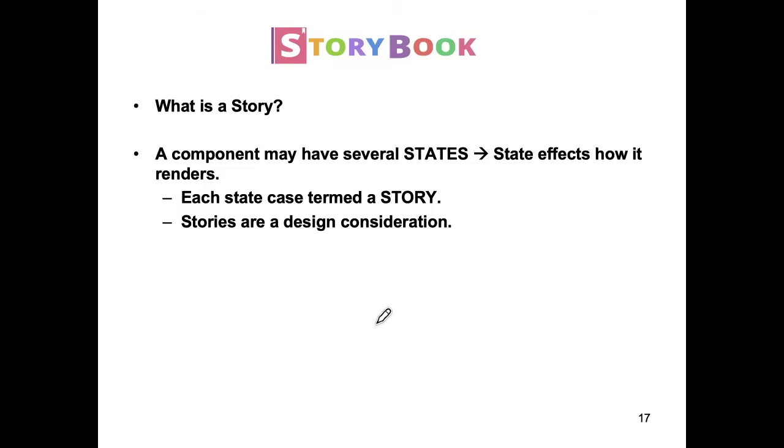But essentially, a component is about rendering data, and typically that data comes from a web API. But the data may have several states, and each state might affect how the component renders on the screen. And each state is termed a story.